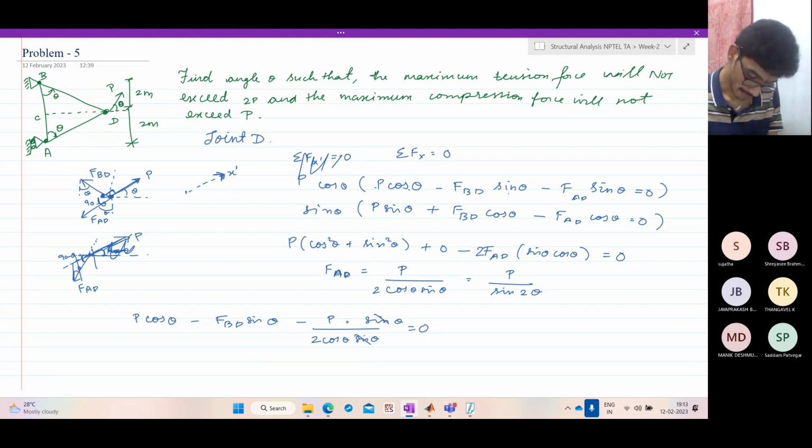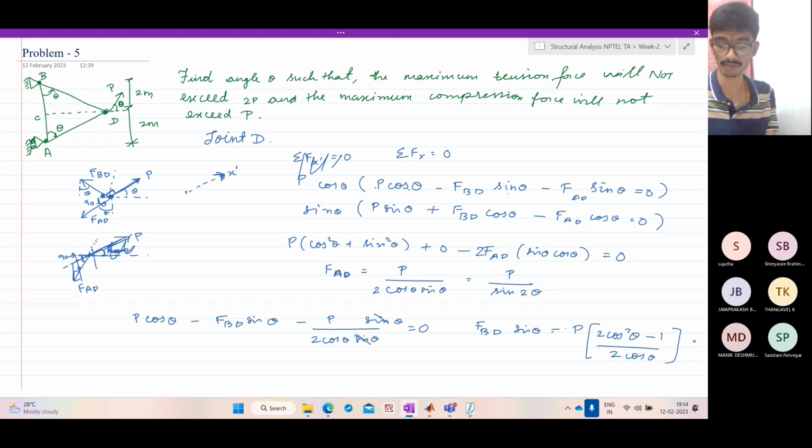You get FBD sine theta is equal to P. You can multiply, you have this 2 cos square theta minus 1 by 2 cos theta.